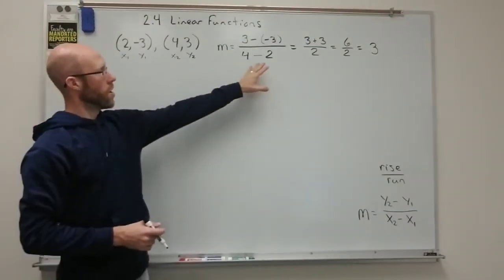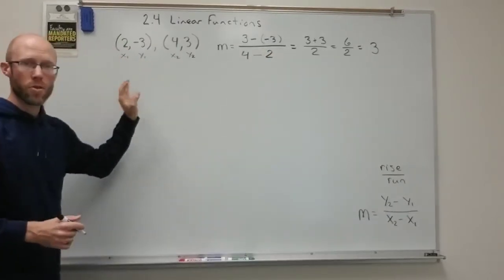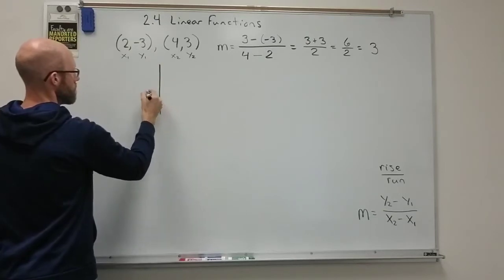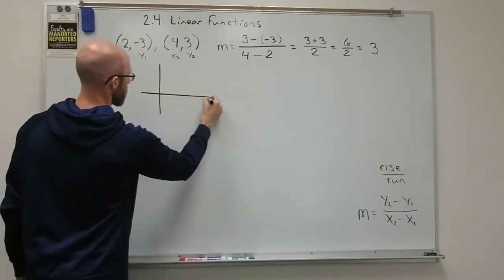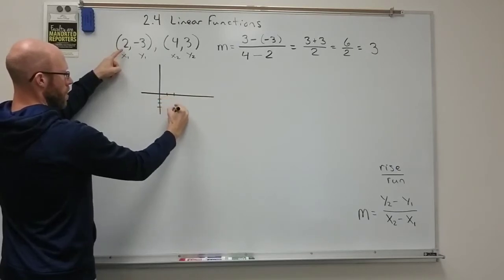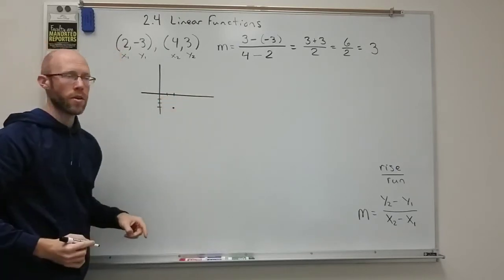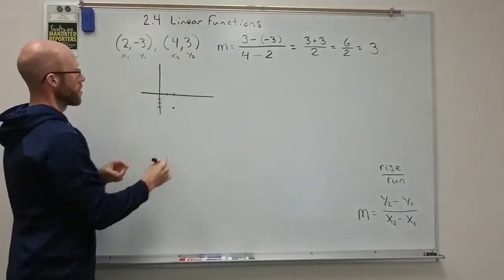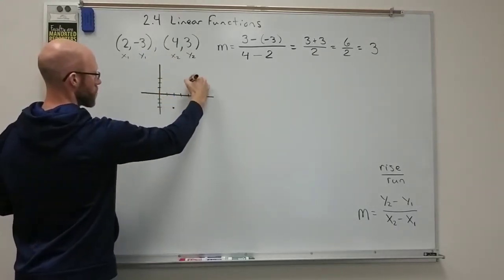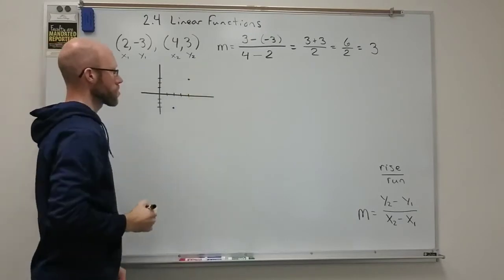Now with these 2 points, if you look at them on a graph, 2 comma negative 3 is over here in the 4th quadrant. 4 comma 3 is further to the right up in the 1st quadrant.